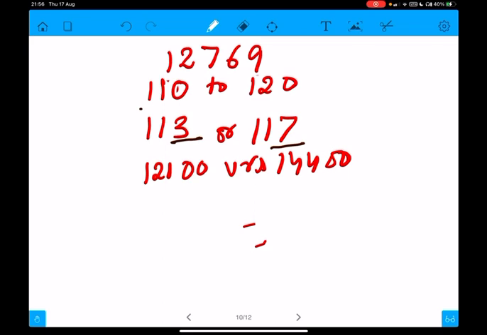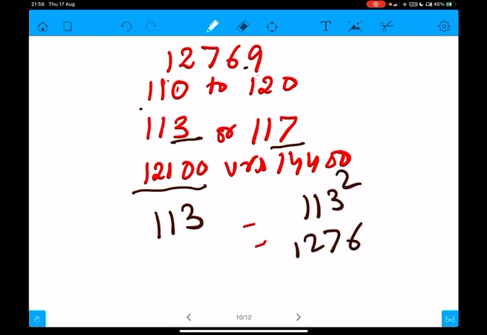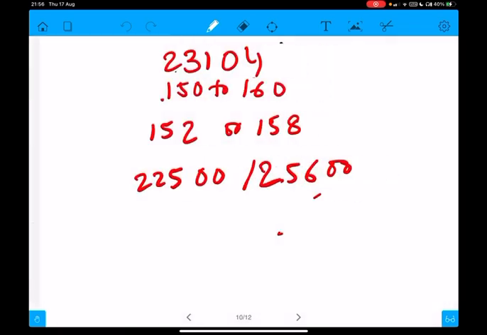So the first part has to be 11. The last digit has to be 3 or 7. Now 12769 is closer to 12100, so the number has to be 113. 113 square is 12769.